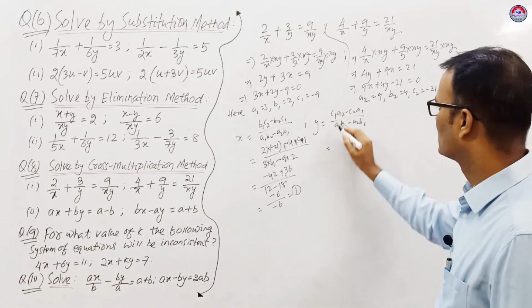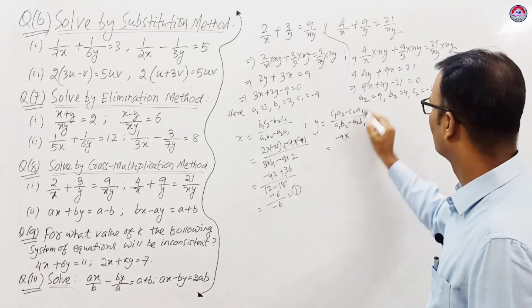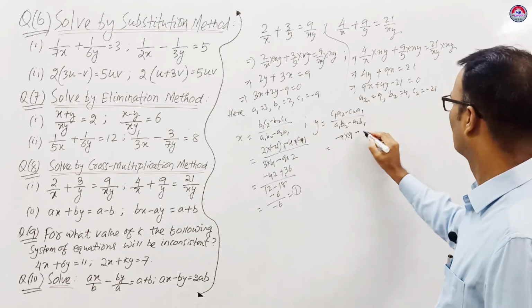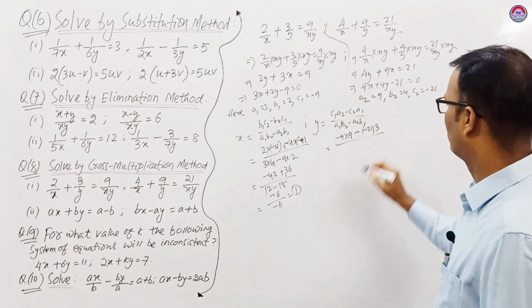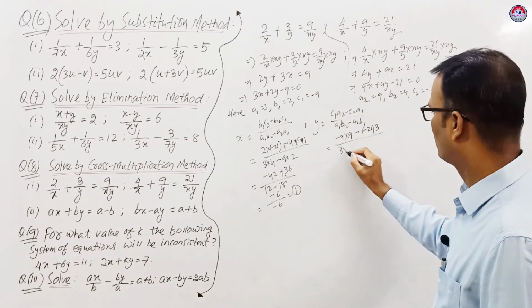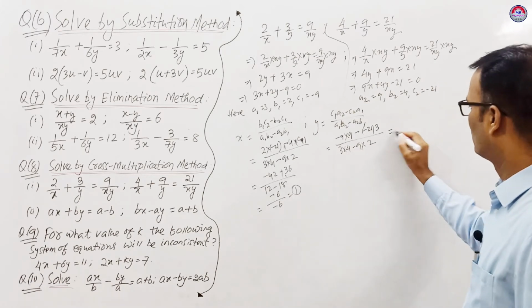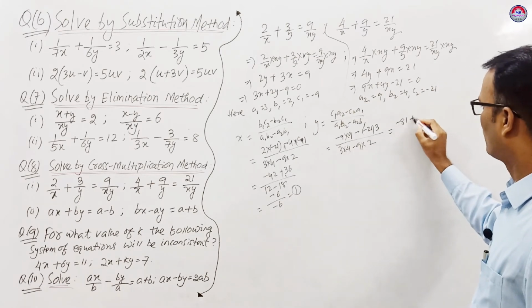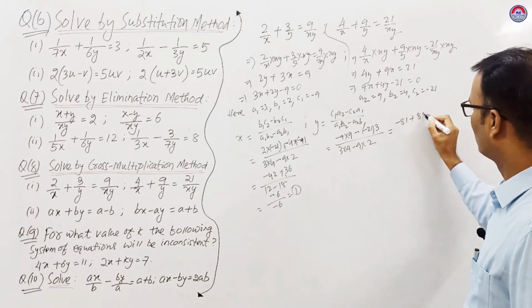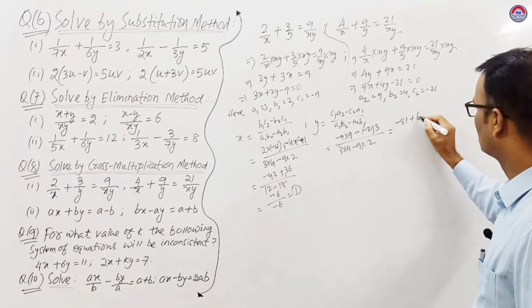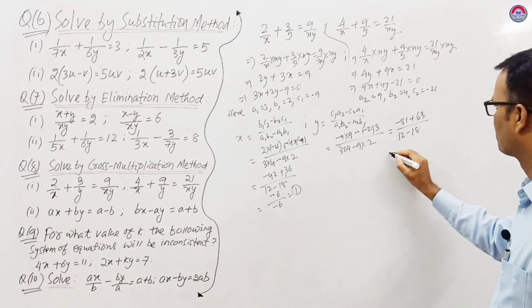Here you see c1 a2, c1 minus 9 into a2 9, minus c2 minus 21 into a1 3, divided by a1 b2, 3 into 4, minus 9 into 2. That equal to minus 81 plus 63 divided by 12 minus 18.